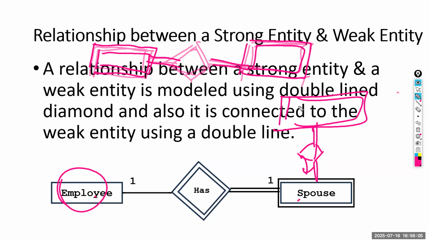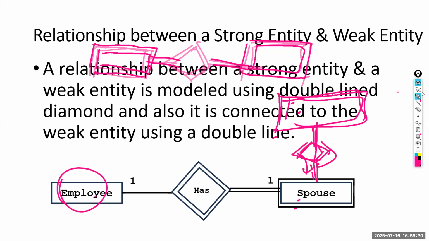So who cares about a relationship between these two weak entities? Actually, we are not much interested in these weak entities either, we just keep those details in case, because sometimes we need them, though it is not a core thing. So obviously we are not much interested in their relationships, right?